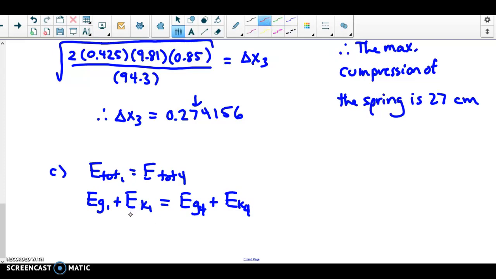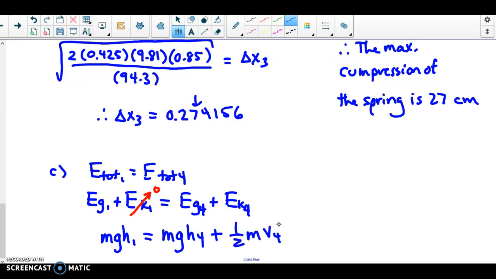Except when I take a look at this, I know, of course, initially I have no kinetic energy to begin with. So mgh1, total energy in our system, is equal to mgh4, which is the gravitational potential energy of the block when it's partway up the ramp, plus 1/2 mv4 squared, which is the kinetic energy of the block when it's partway up the ramp.